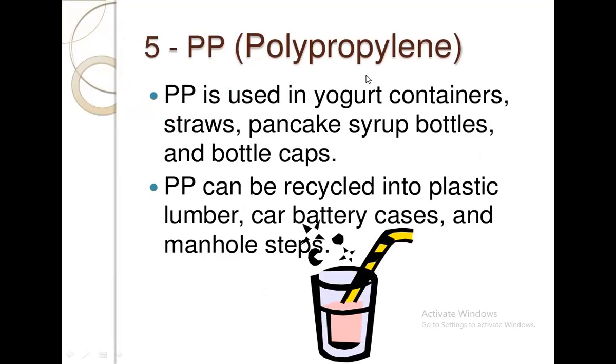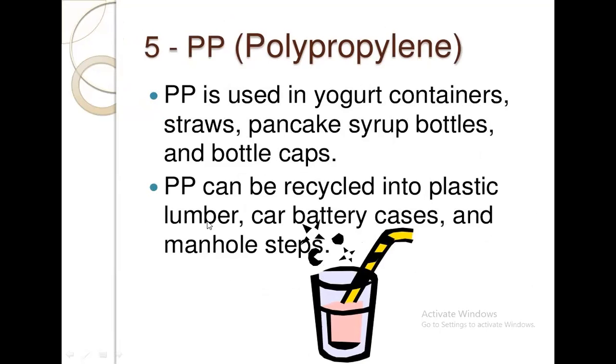Then polypropylene. The next plastic material is polypropylene, PP. PP is used in yogurt containers for storage of the yogurt, straws. Straws are made from polypropylene.